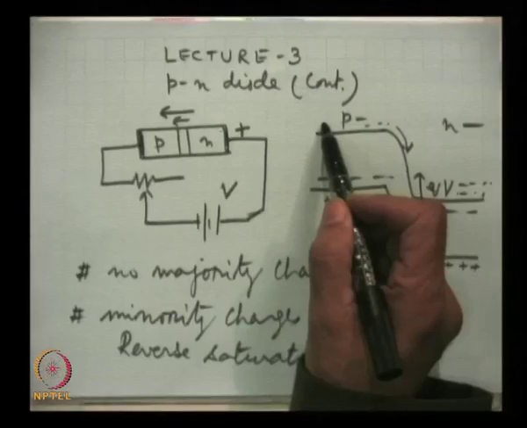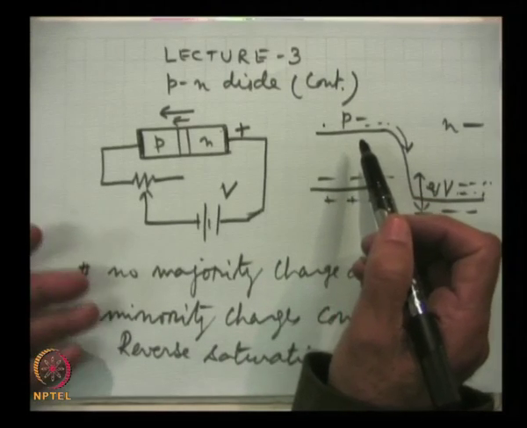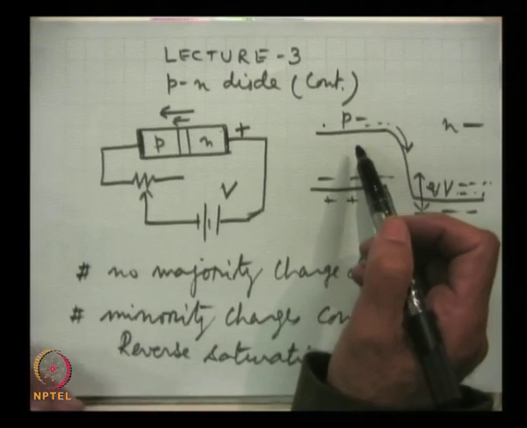Now, the charges far away from the junction, here the electrons, this region is p type which has a majority of holes. So, it is very likely that the electrons in the p region, when they try to drift under the applied field, will recombine.